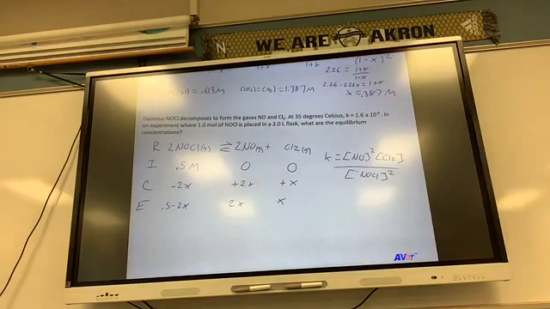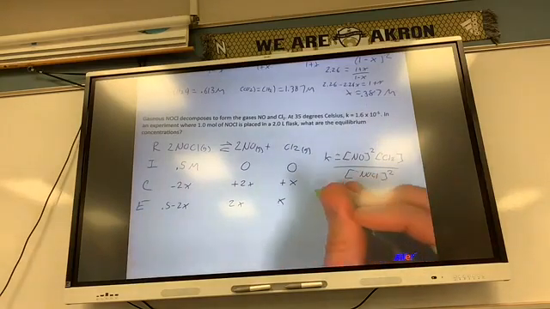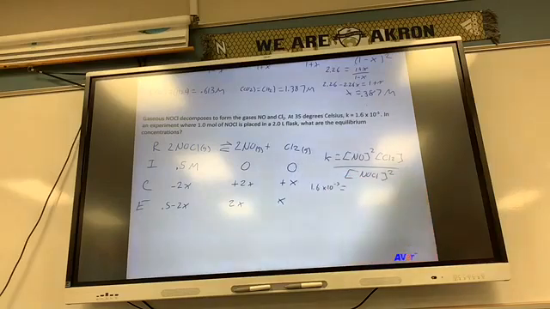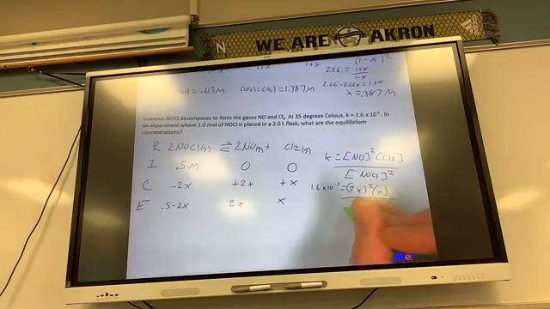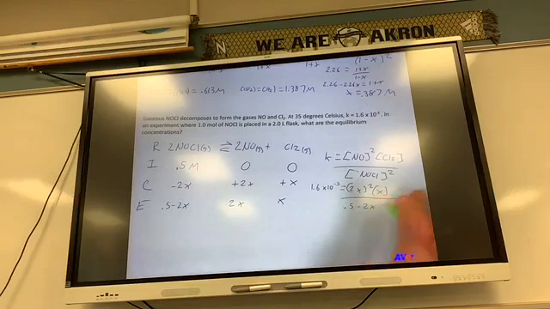So, sub in what you know. 1.6 times 10 to the negative fifth equals 2x, that whole thing squared, times x, over 0.5 minus 2x, that whole thing squared.